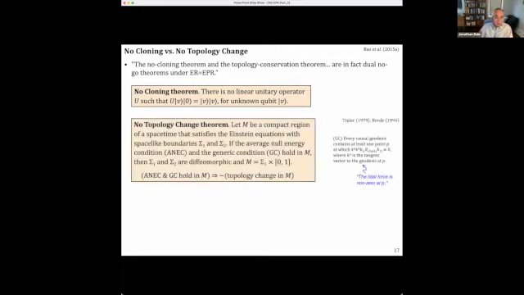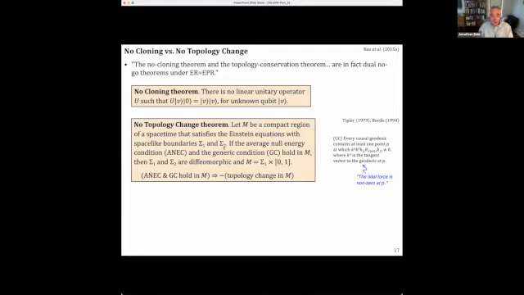The no topology change theorem that Bao and colleagues are referring to here takes this form. So this goes back to papers by Tipler and Borde. Again, this is a theorem in general relativity. It says, let M be a compact region of a spacetime that satisfies the Einstein equations with space-like boundaries, sigma 1 and sigma 2.